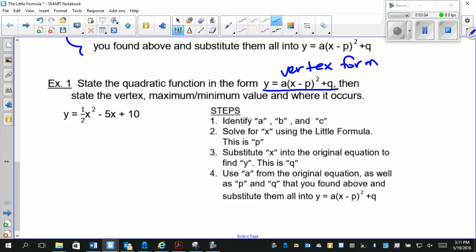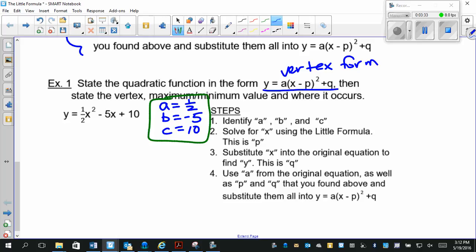So just like we did in completing the square, it's going to be important that we identify the values of a, b, and c at the start. So in this case, you can see in the equation a is equal to 1/2, b is equal to -5, and c is equal to 10. So there are our values for a, b, and c.